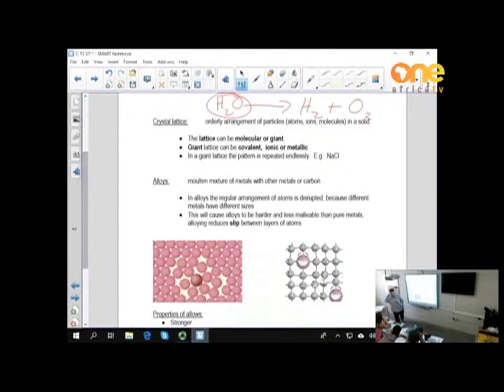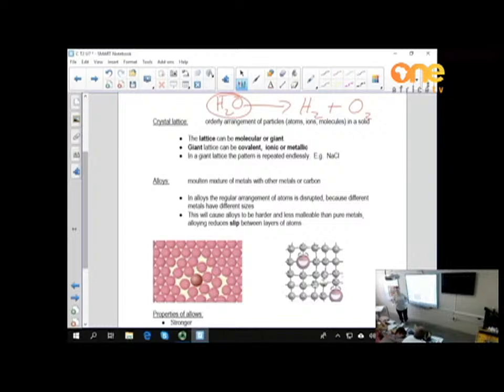Definition of a crystal lattice: orderly arrangement of particles. Once again, those particles can be molecules. If I have iodine, a crystal of iodine, the orderly arrangement of the particles would actually be an orderly arrangement of molecules in the crystal lattice.